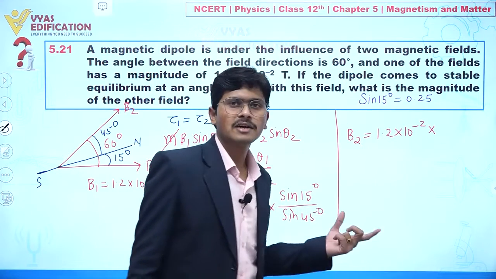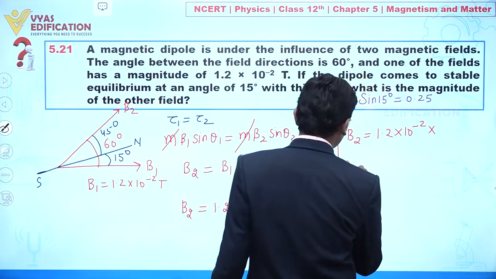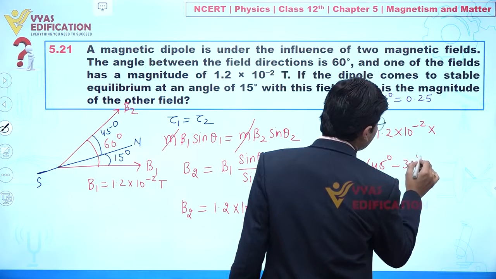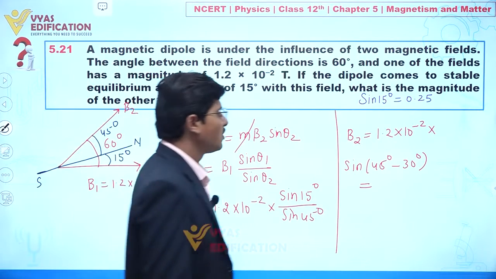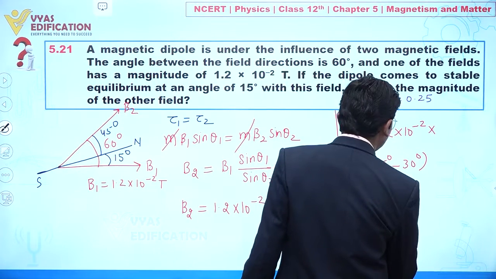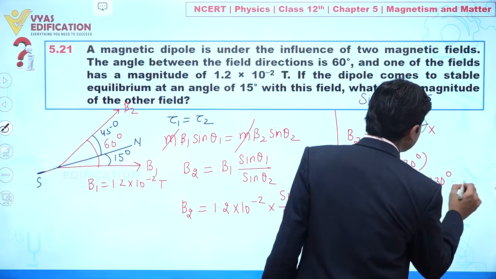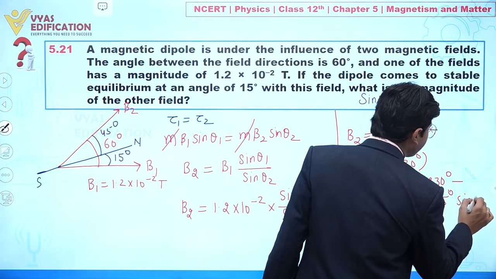You can calculate the value of sin 15 by a simple method. You can write sin of 45 minus 30, and apply the formula for sin A minus B. What is the formula? Sin A cos B minus cos A sin B.